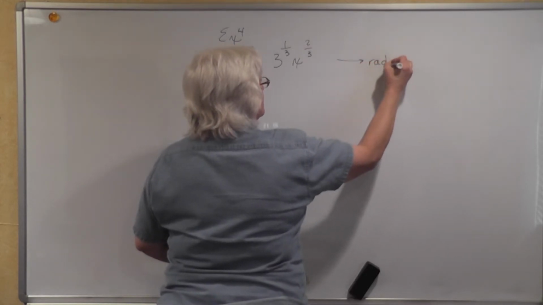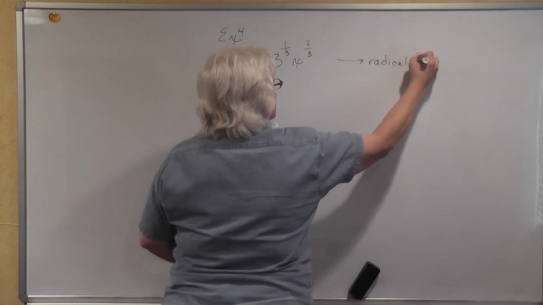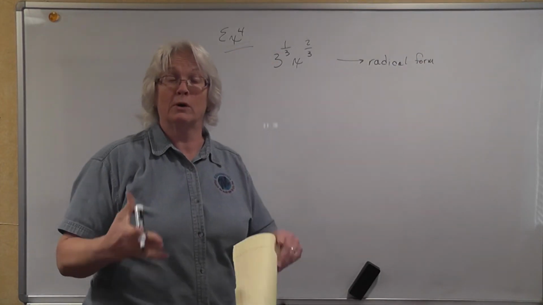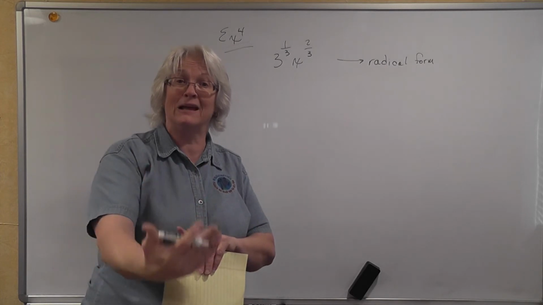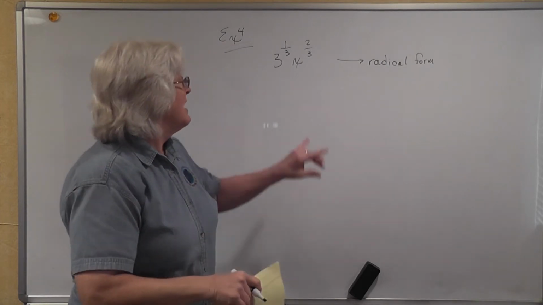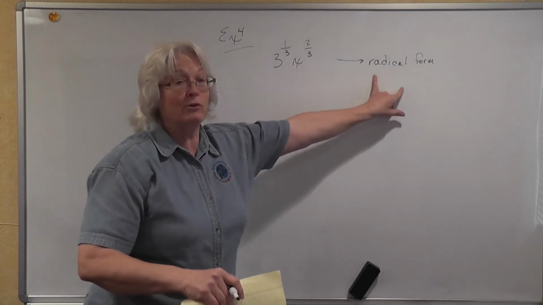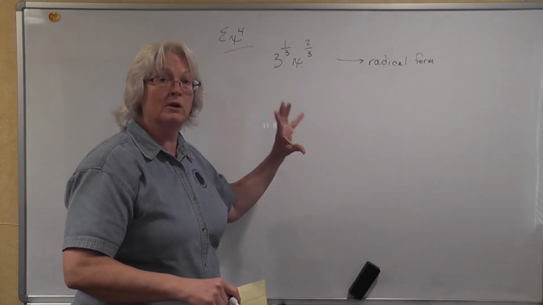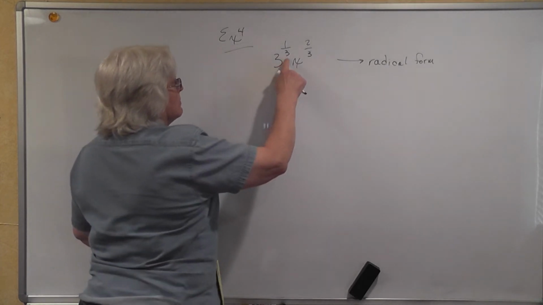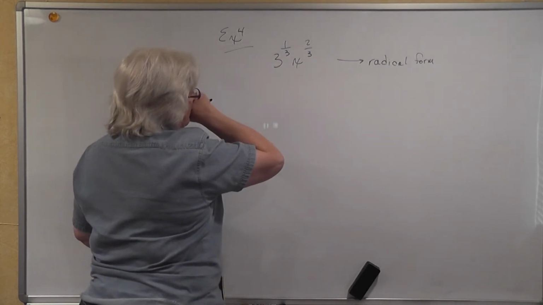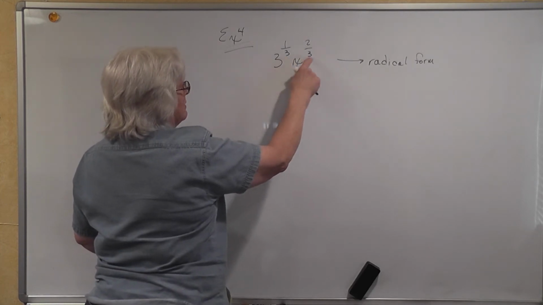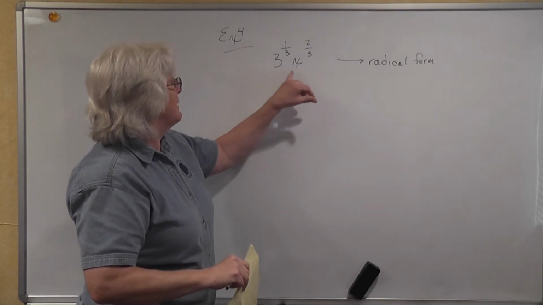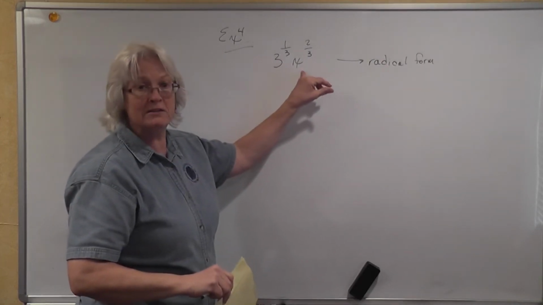We want to write this in radical form. There is no work to show. It's just an understanding and an application of how radical form and fractional exponential form work together. Two factors here, we have a base of 3 and a base of x.